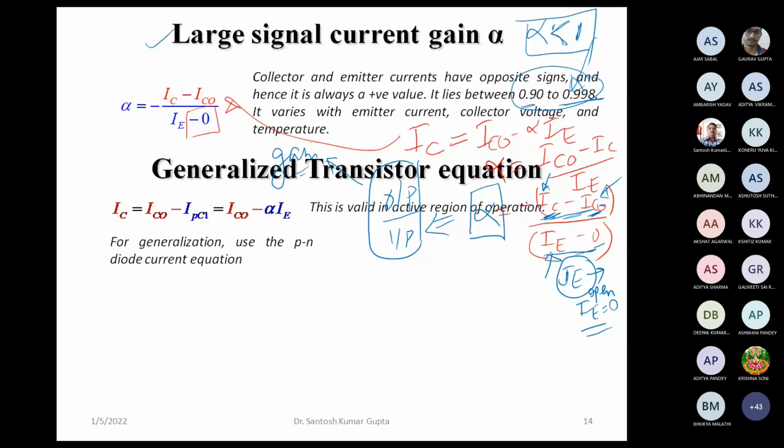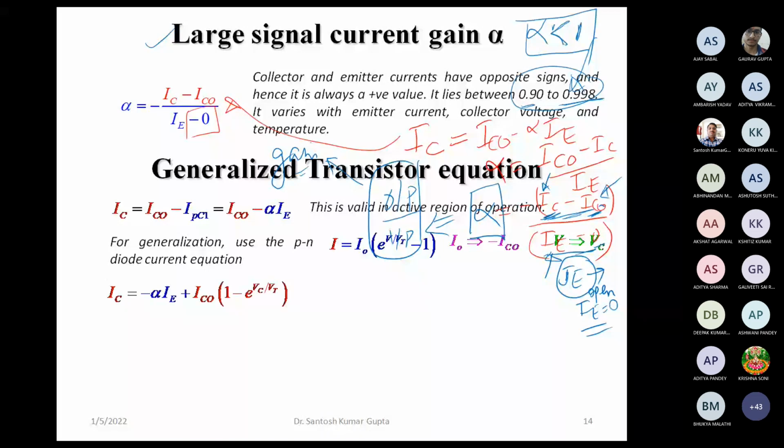So we can rewrite these equations in a different form, relating that the forward biased emitter junction can be represented to give a current similar to the diode current, and I naught is similar to the ICO here.